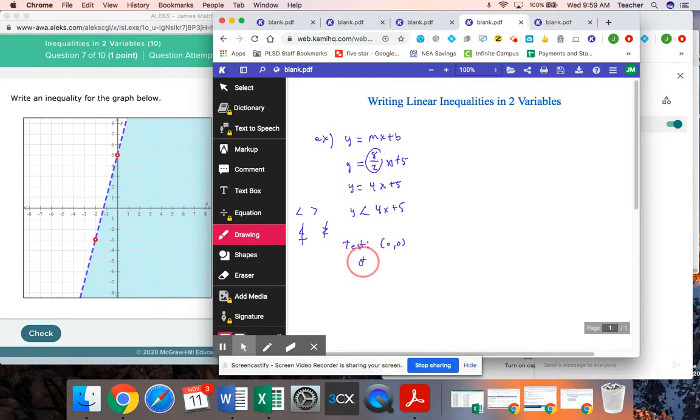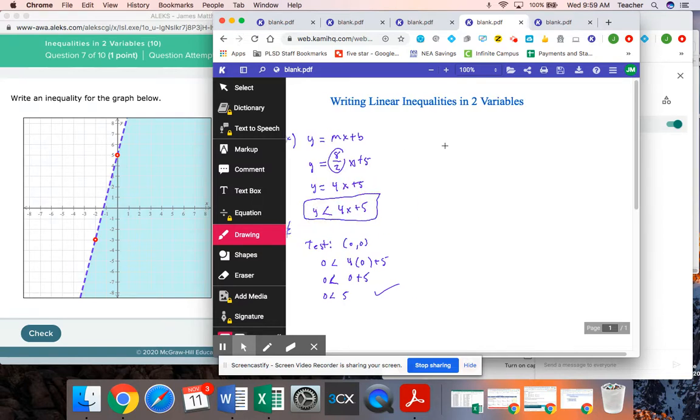So if I test that, then y is 0, and I have 4 times 0 plus 5. If I simplify the right side, that's 0 plus 5. And I'm asking myself, is 0 less than 5? The answer is yes. Because this point 0, 0 is in the solution set, and I've already established my boundary line, this is correct.